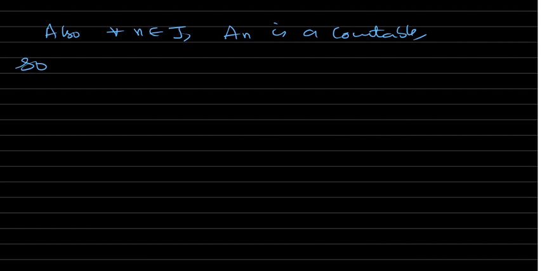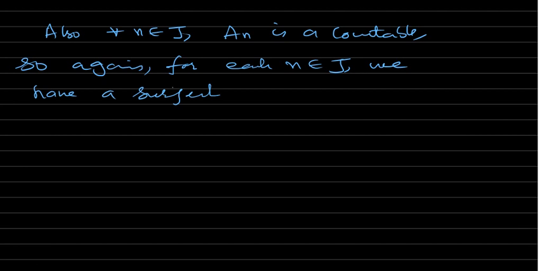So again we have a surjection. Again let's write here again for each n in J we have a surjection, say f_n from Z plus to A_n.